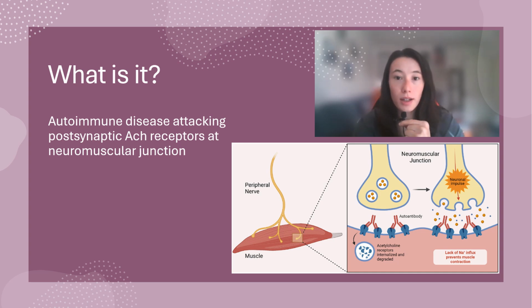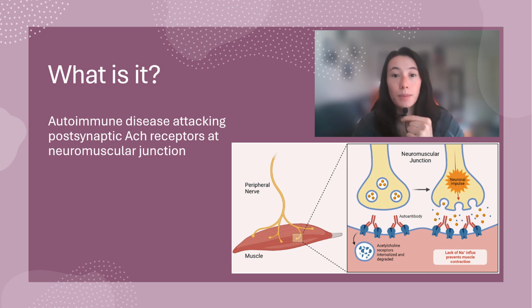We zoom in and we can see the right side of this image. So that's when we see that nerve, which is the presynaptic membrane, and then there's a space called the synaptic cleft, and then this is where acetylcholine, the neurotransmitter, is going to make its way from the presynaptic membrane and travel to the postsynaptic membrane through that synaptic cleft, that space, which in this case happens to be a muscle.